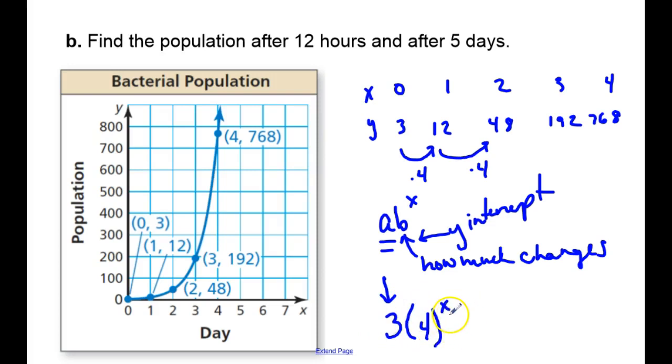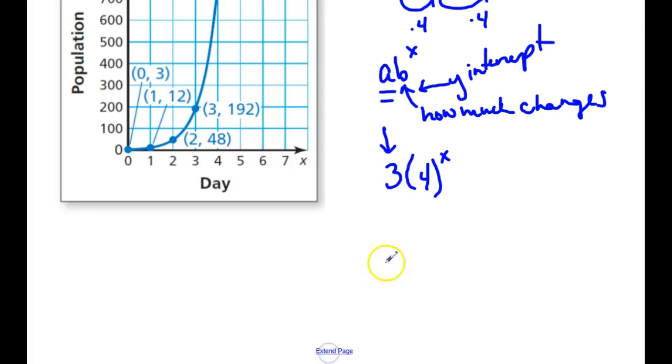So then in part B, I'm trying to find the population after 12 hours and 5 days. So again, I just take what I have and I substitute. And remember that we were given x, and we're told up here that x is in days. So I know if I'm looking for 12 hours, my exponent is going to be 1/2.